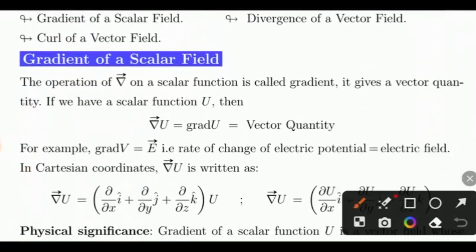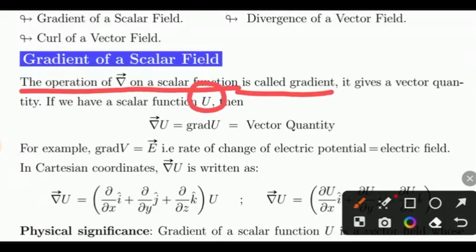Here is the definition: the operation of del on a scalar function is called the gradient. Here we choose a scalar function u and apply the del operator on u. Here you see del of u.